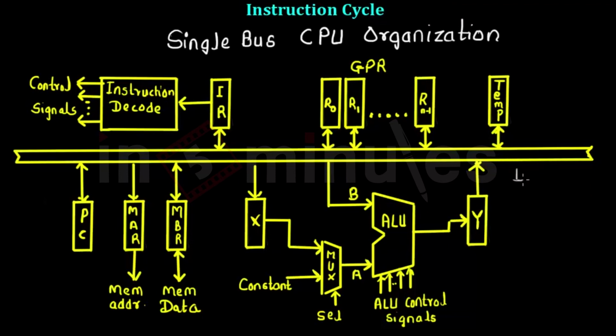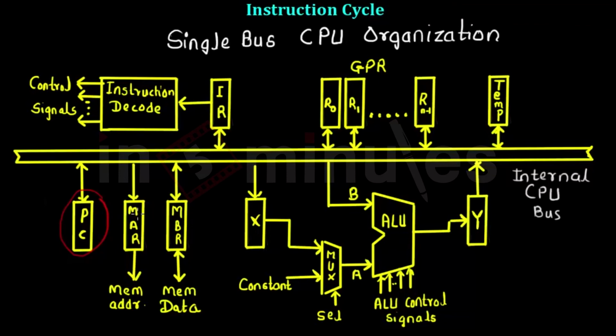Now this bus that is shown here is the internal CPU bus, to which all the registers in the CPU organization are connected. So let's see how exactly the instruction is executed inside the CPU organization. The first element you need to see is the program counter.